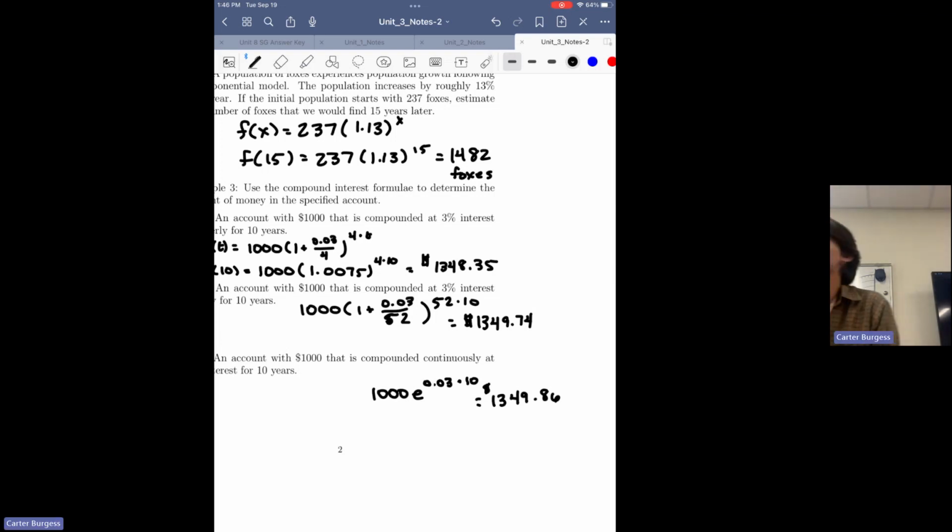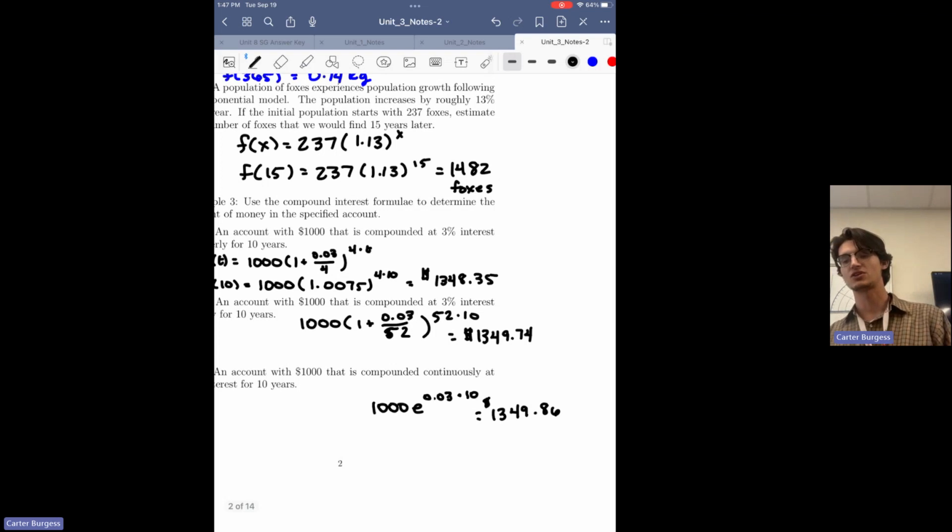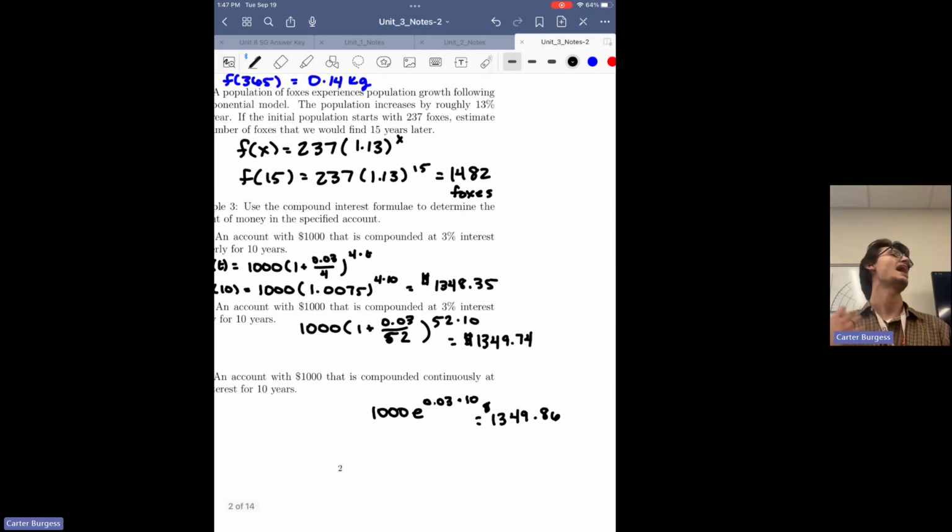All right, and again, this is an idea that can be applied not just to money, but also to every other exponential growth, every other exponential decay model that we have done. We looked at this fox population earlier, where the growth was 13% a year.